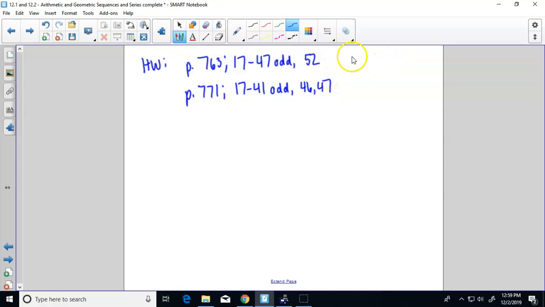The first page, these are all arithmetic sequences and series, you will be using the formulas on the left-hand side of your sheet. For page 771, these are geometric. So you'll be using the formulas on the right-hand side of the sheet. Make sure you do not skip the word problems at the end. 52, I think it's 41, 46, 47, those are word problems. Make sure you do those problems.